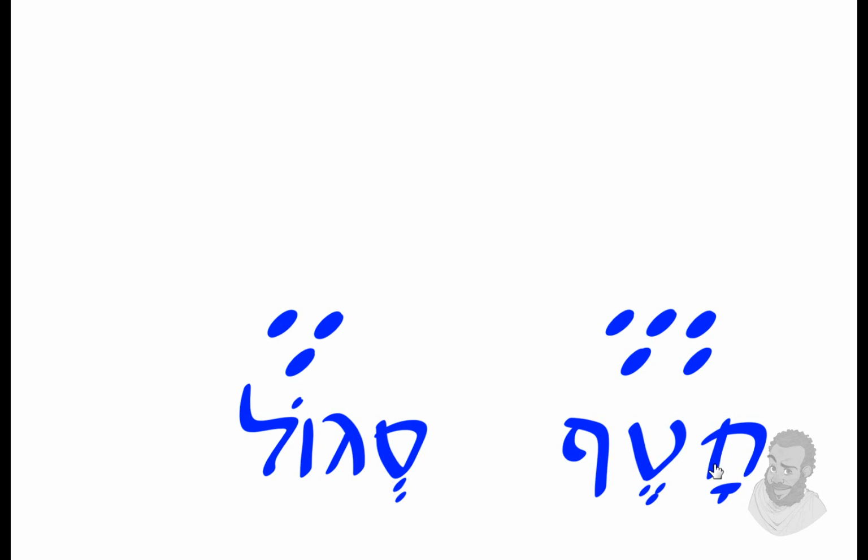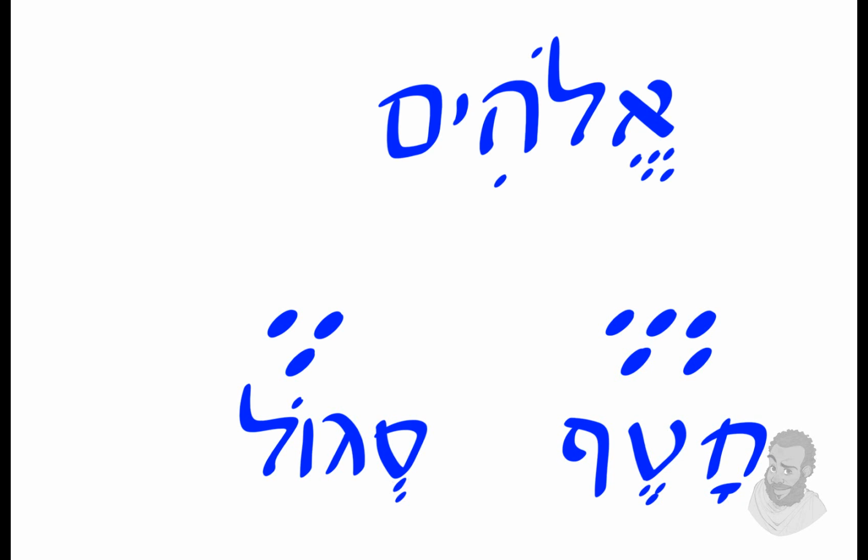The hatef sagol makes an e sound, e, as in Elohim. Elohim. Let's do it again. A, Elohim.